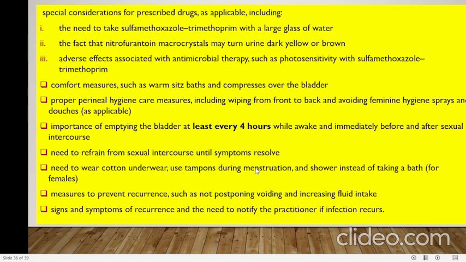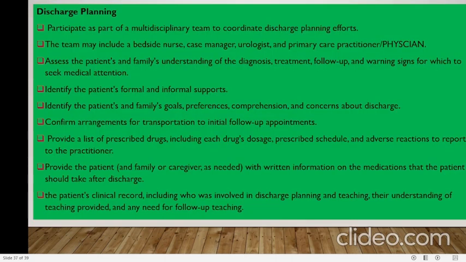Use tampons during menstruation and shower instead of taking a bath for females. Measures to prevent recurrence, such as not postponing voiding and increasing fluid intake. Signs and symptoms of recurrence and need to notify the practitioner if infection recurs.